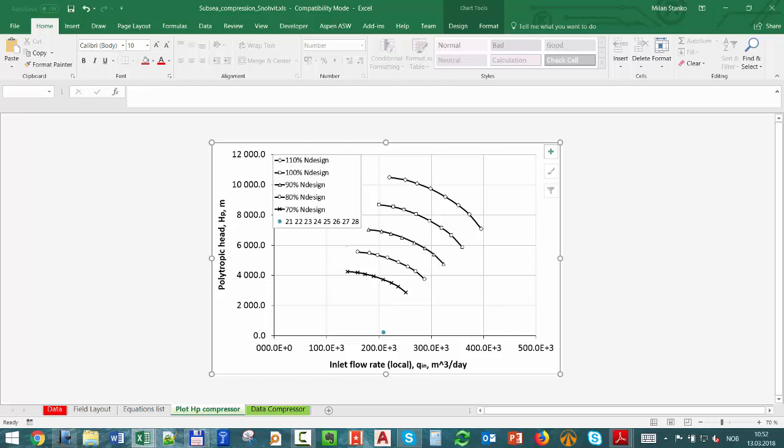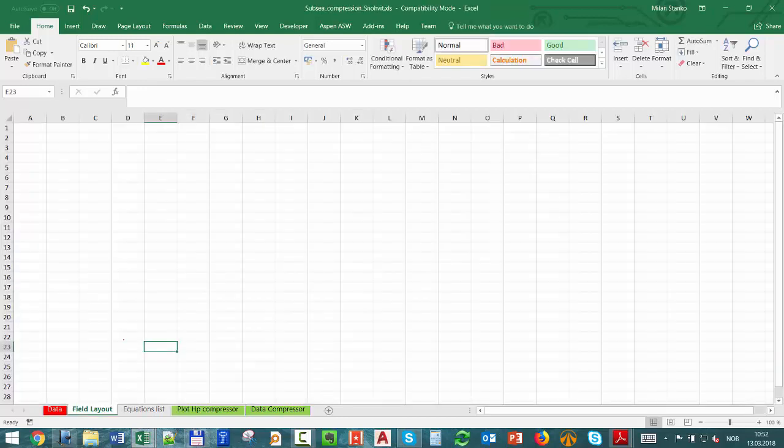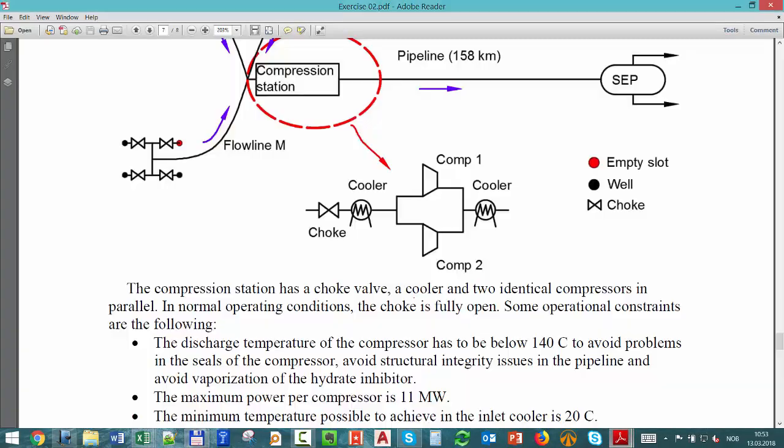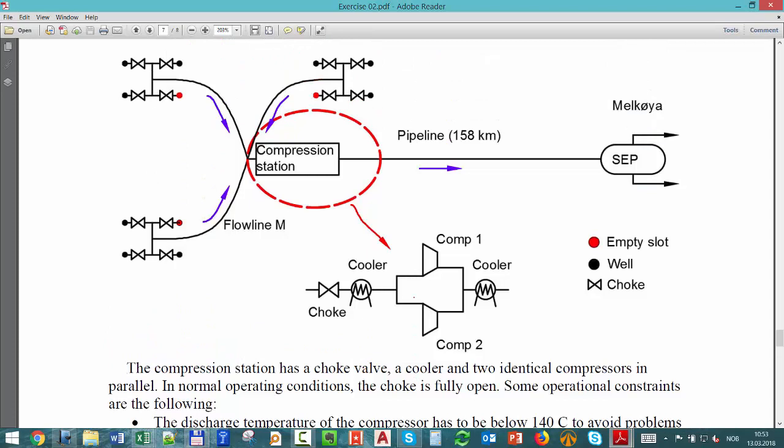But how do we bring this point inside? If you remember, I think it was in the notes. We have this configuration, and we have at the inlet of the compression station a choke.